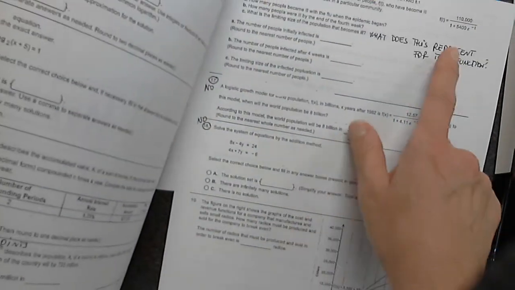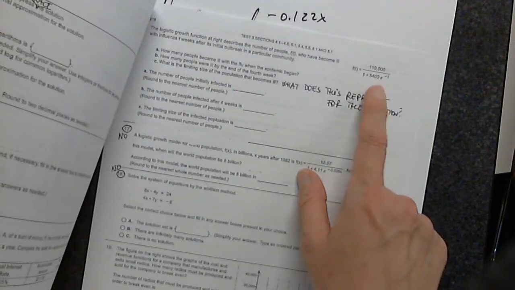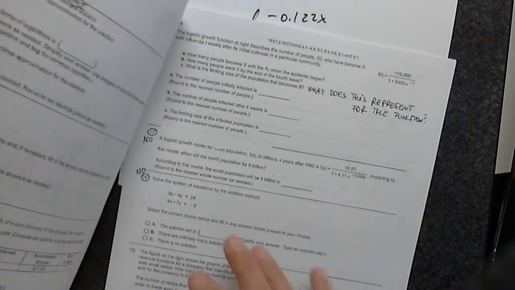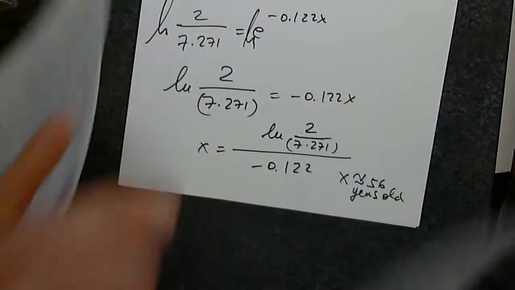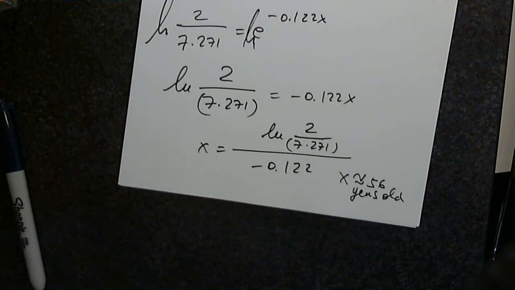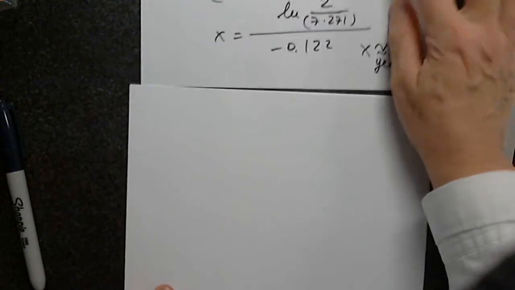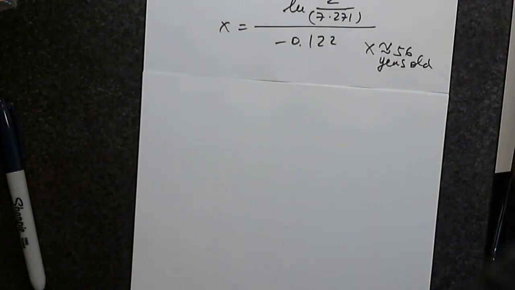Seventh page, we just look at an example with a logistic growth function or model. Okay, and actually I would like to do this problem if you'd like right now. Yes? Okay, so let's do that problem before we continue with another model.